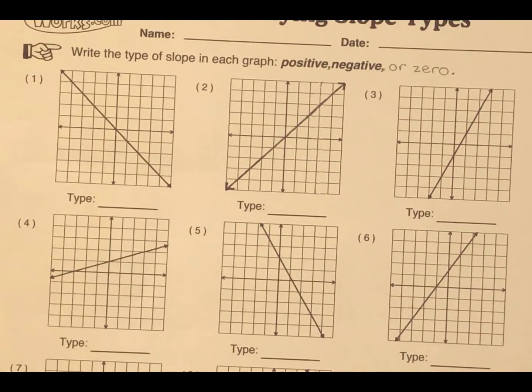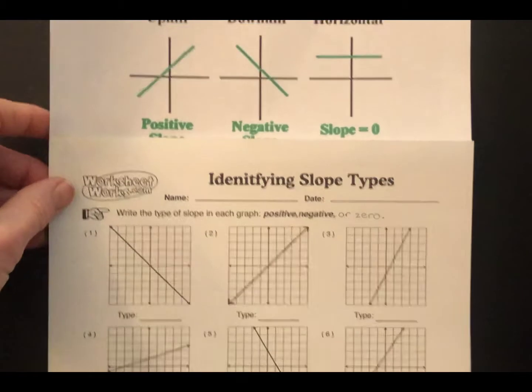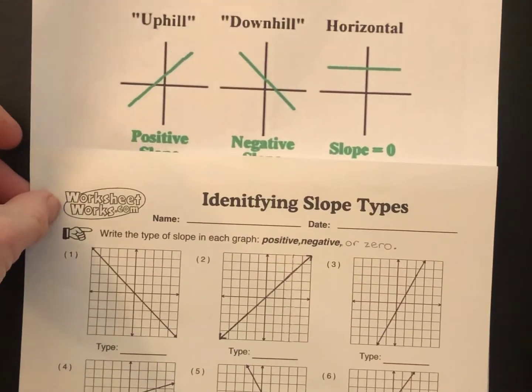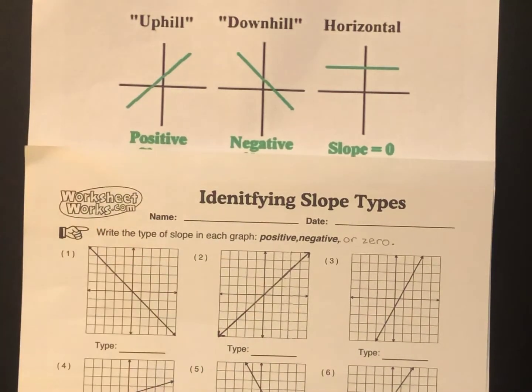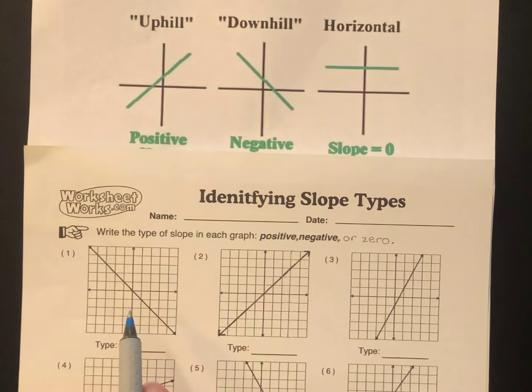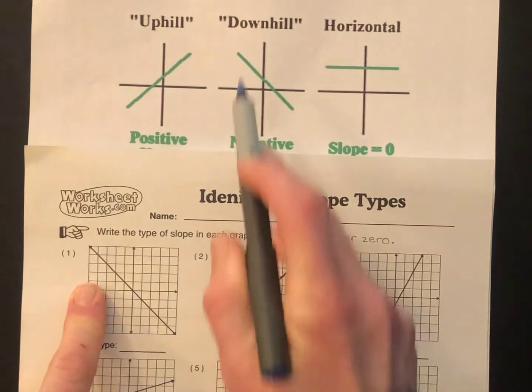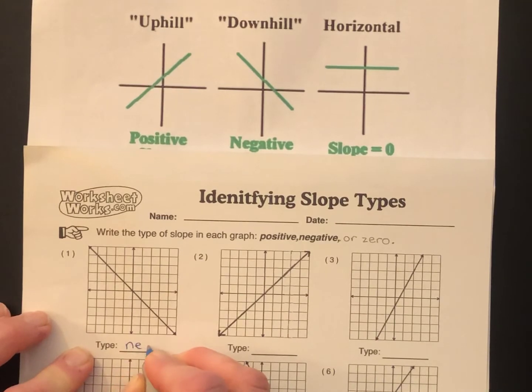And if you're not sure, you are welcome to use whatever visuals that you need to help remember. So right here, I want to know if it's a positive, negative, or 0. So I look at this uphill slope and I look at that, that is not uphill, that one is downhill. So this is a negative slope.